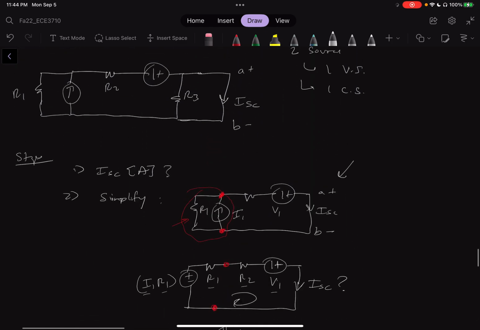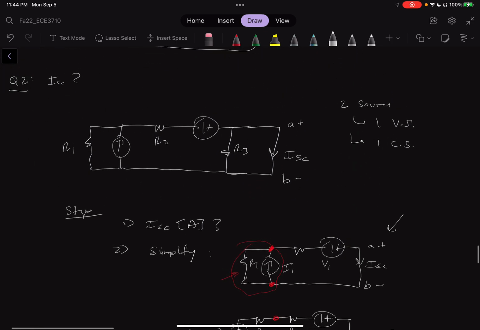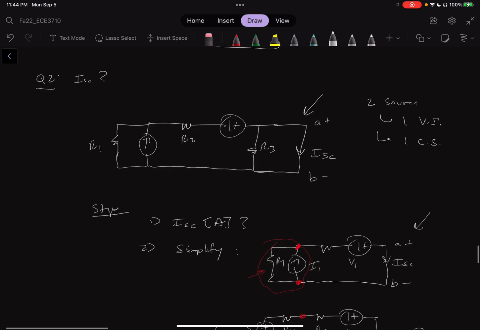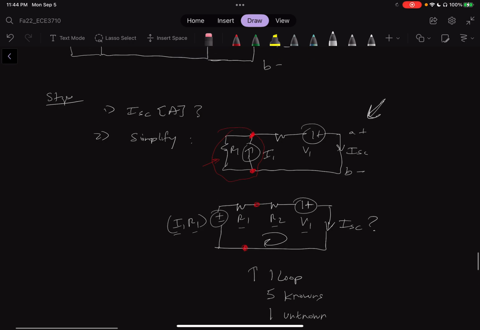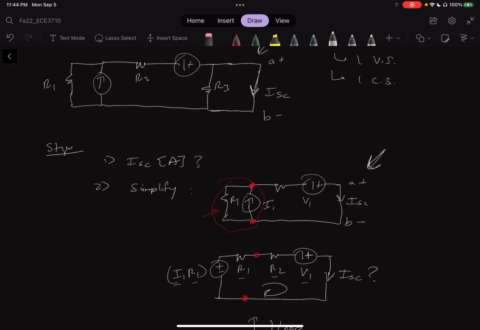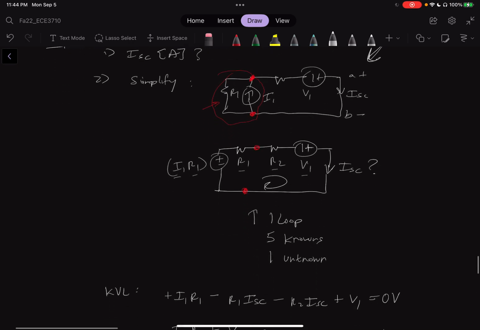What did we do in this problem? We were asked to solve for Isc in this circuit right here. So we drew the Isc going down from node A to node B, because it's always going from A to B. And then we simplified the circuit to this drawing by removing R3, because R3 was in parallel to the short circuit current. And then using this circuit, we realized in the red circle region that we have a Norton equivalent circuit as a sub-region of this whole circuit.